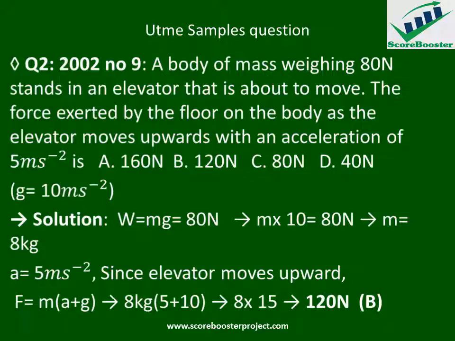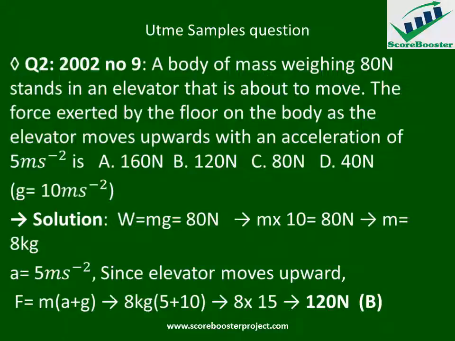For this particular question, you are given the weight to be 80 Newton. And weight is equal to mass times acceleration due to gravity. So we can get our mass from the weight by substituting for the acceleration due to gravity and weight.